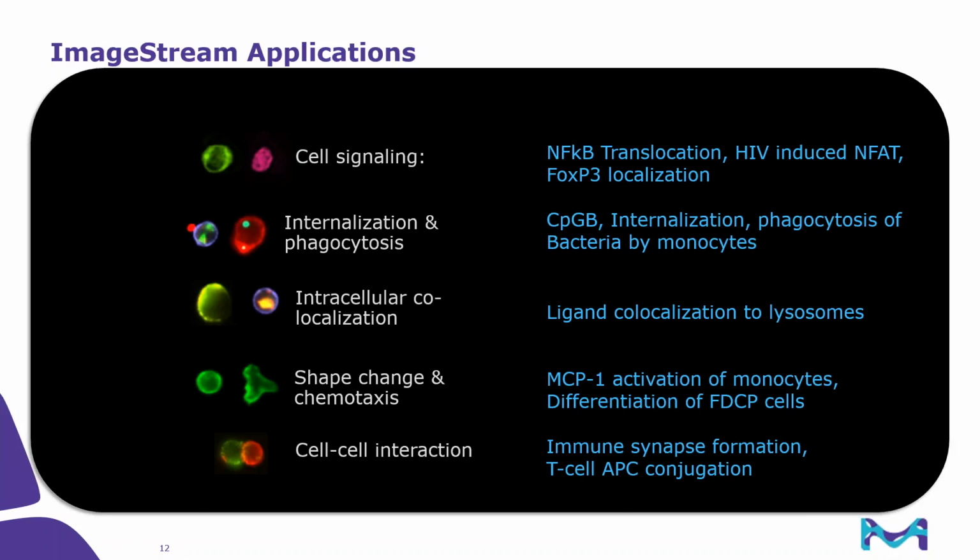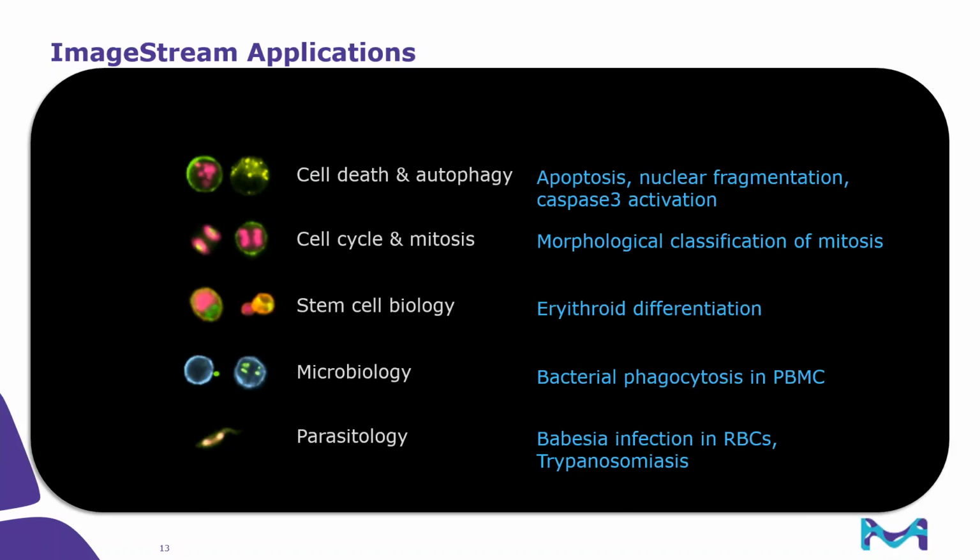for different experiments. I talked a little bit about the immune synapse formation, but characterizing cell-to-cell interaction, looking at apoptosis and cell death or autophagy, cell cycle and mitosis. There's many groups in the field of stem cell biology that are using the ImageStream to characterize differentiation of various stem cells.